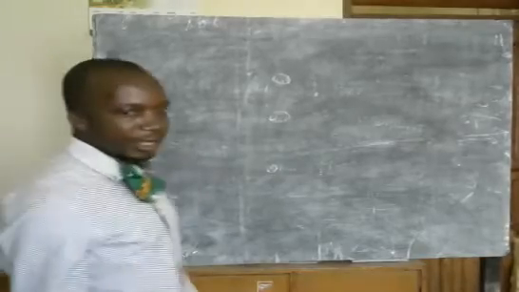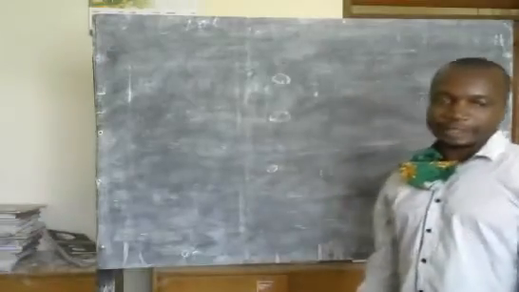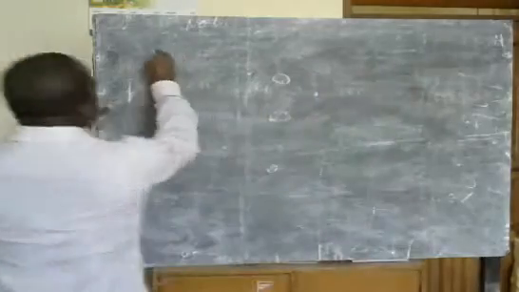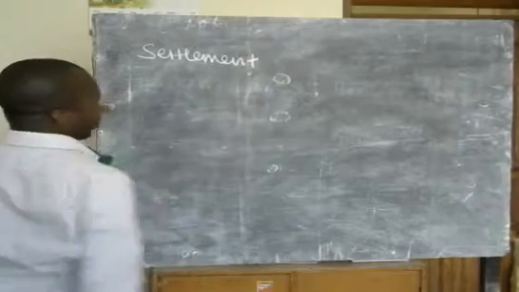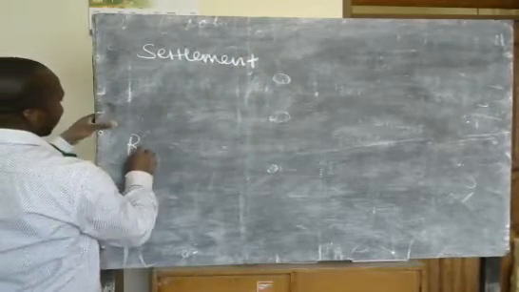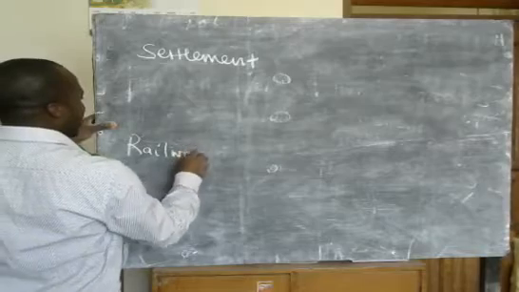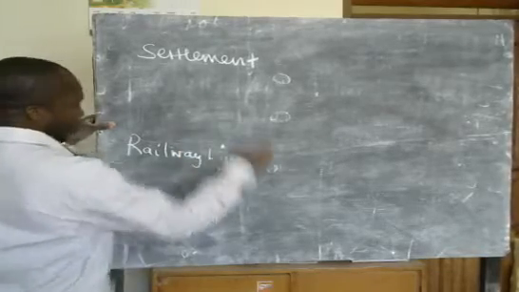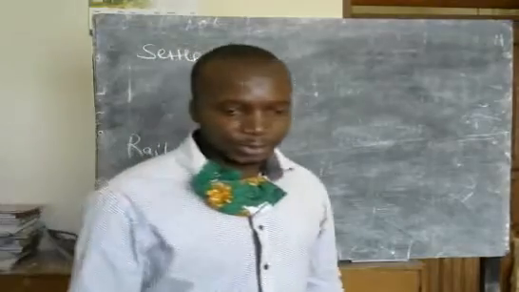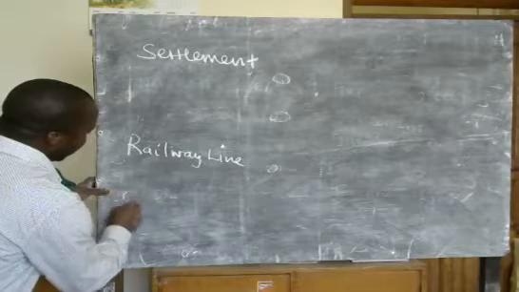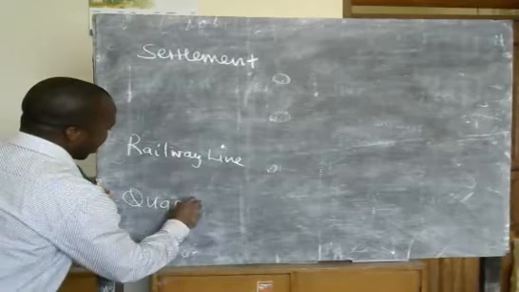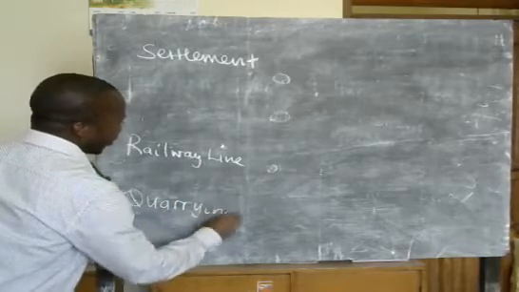Let us identify any two human features. We saw, for example, one was settlement, then the other was, for example, the railway line. Then three, it is the quarry, and the activity was quarrying.